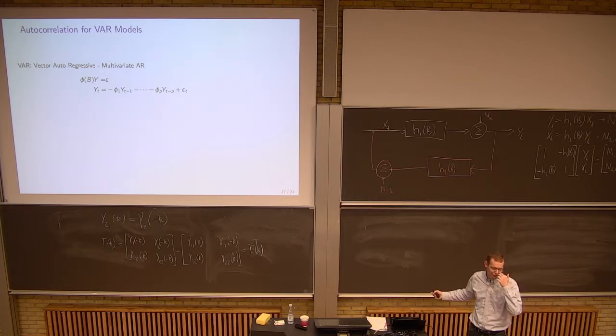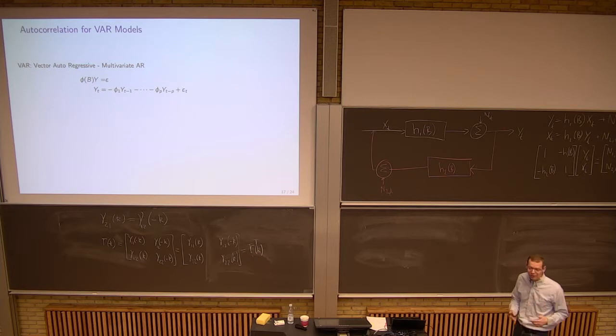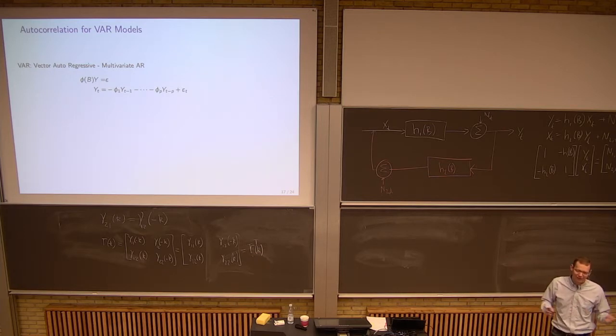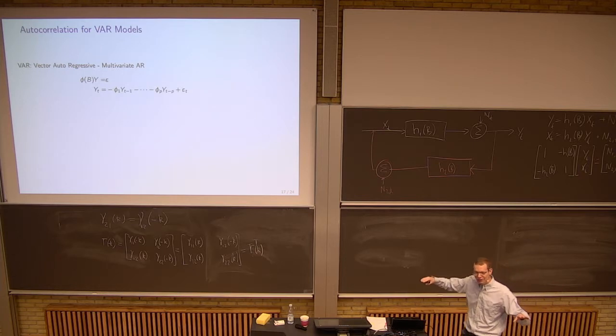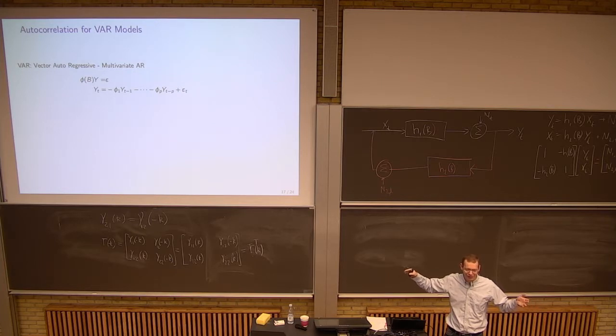Same, just different. It's one of those cases where literature is, I don't know how many times have you seen the same thing defined with different names in two different contexts. But mathematically, it's the same. I expect that you will all see it at some point during your career.